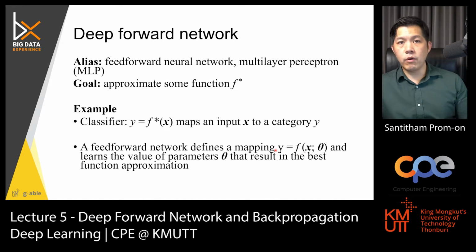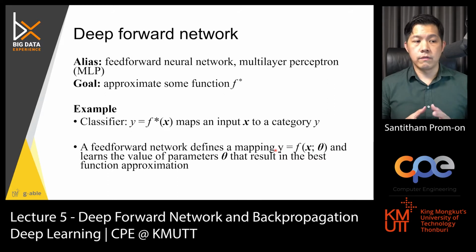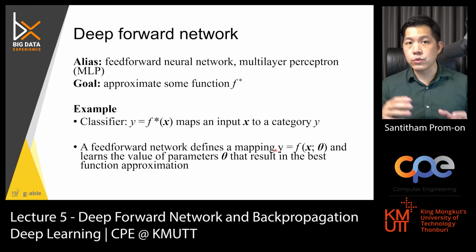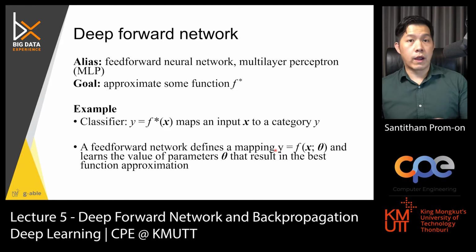So the idea of the model is to learn the parameters, which describe how to interpret the data, how to transform the data into a domain that can be utilized better than the original domain.